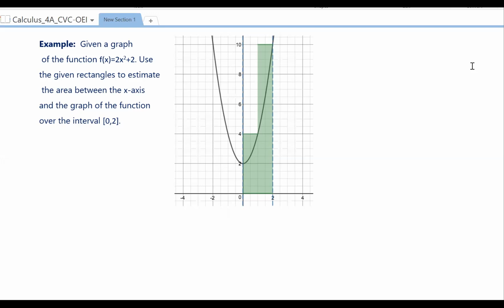Although the graph goes indefinitely, right, because it is a polynomial, it goes on. We are asked to focus only between 0 and 2, right? So this is our focus in this interval, 0 to 2. So here we have the green rectangles, and we're just simply going to find the area of these rectangles and then add them up, okay?